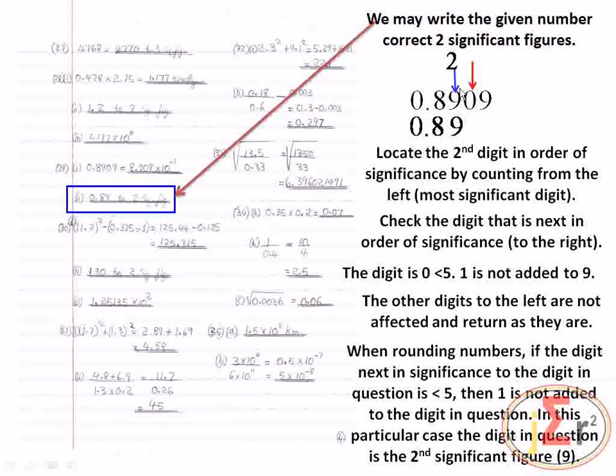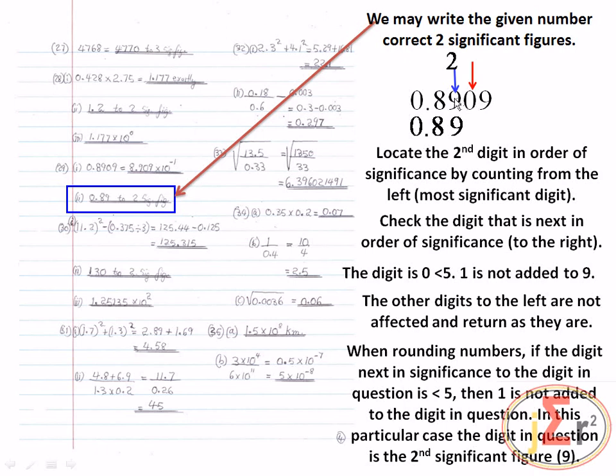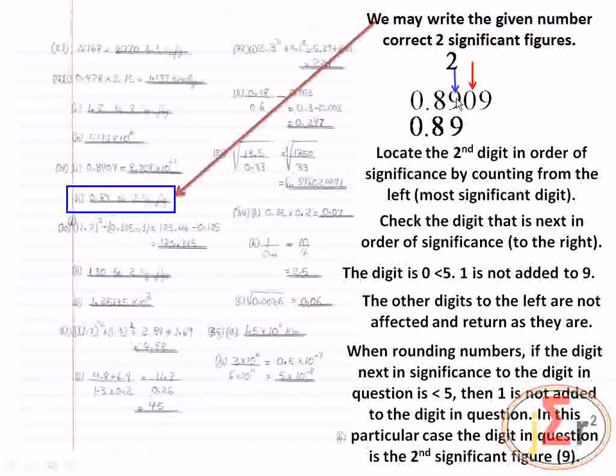We check the one to the right of it. If it is greater than or equal to 5, we add 1 right here. In this particular case, it is not greater than or equal to 5. It is not equal to 5 and it is not greater than 5. We do not add 1 to the digit in question, which is this 9 that we have right there.